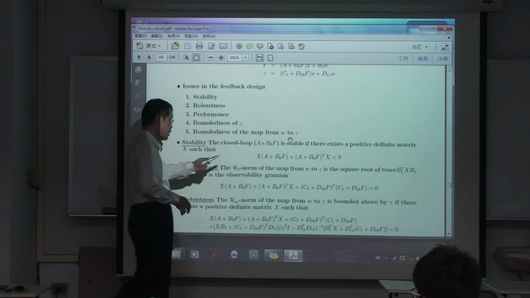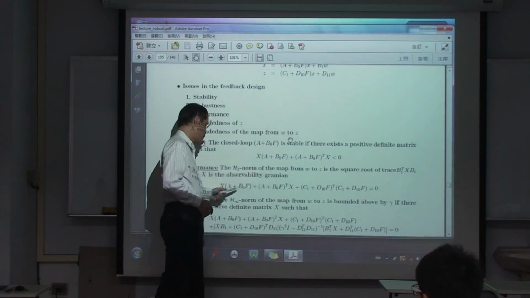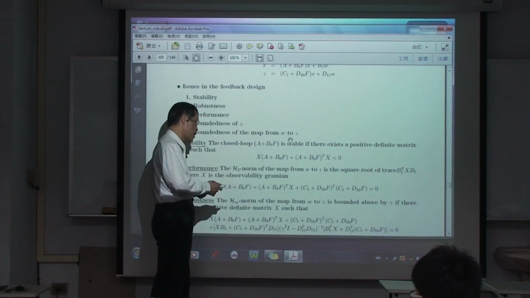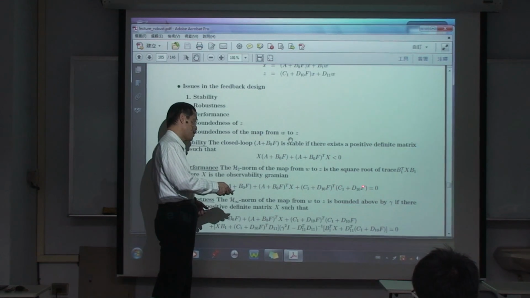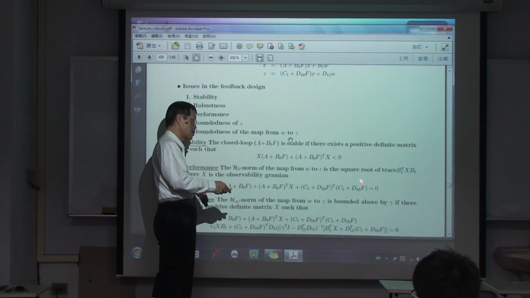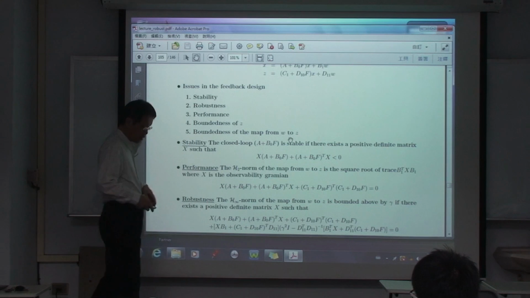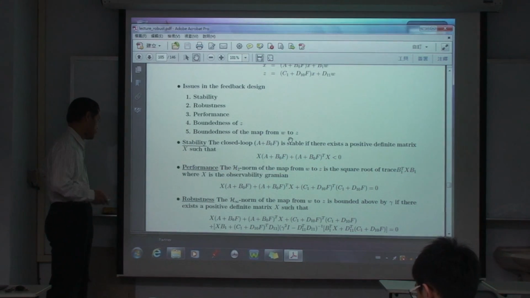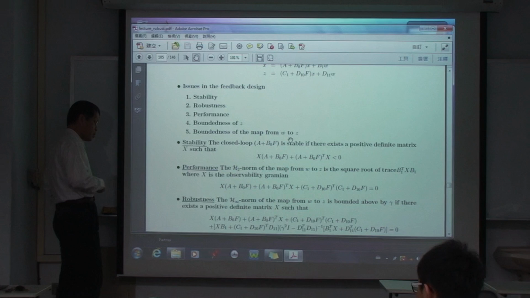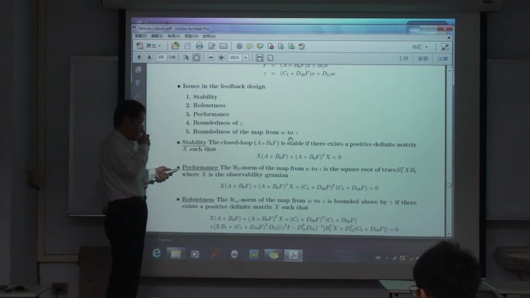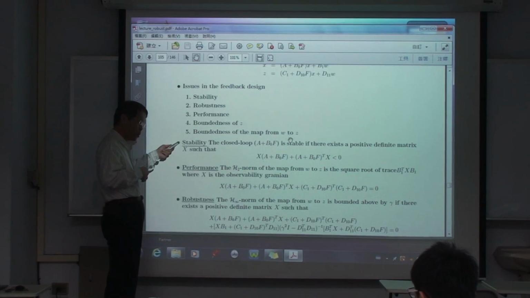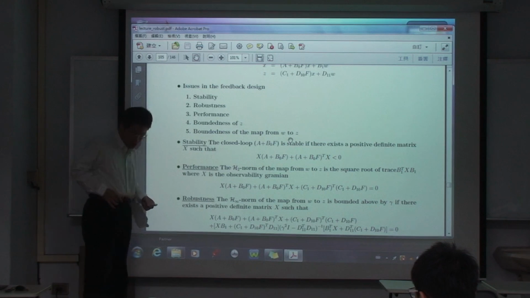Here we see the coupling between X and F, and the coupling remains there, but we also have F transpose F because F is unknown, so this is a little bit more complicated than this one. So you will expect that a solution for performance is definitely more stringent than the stability requirement.